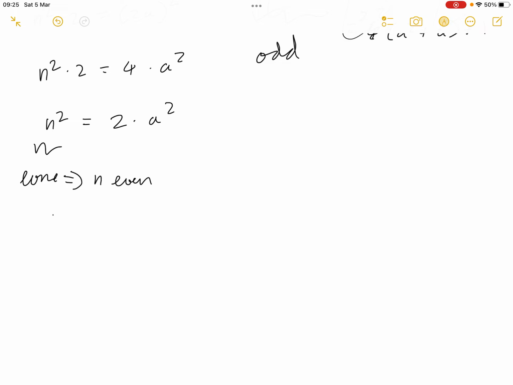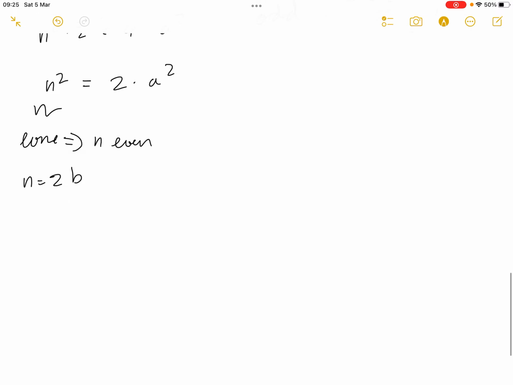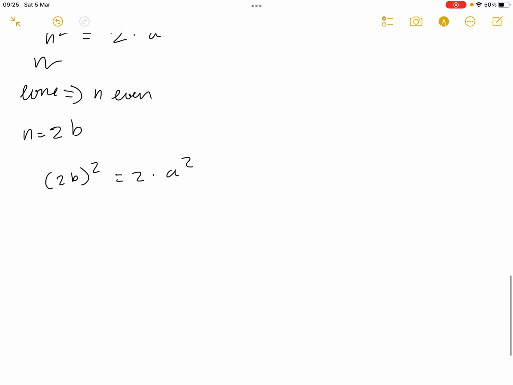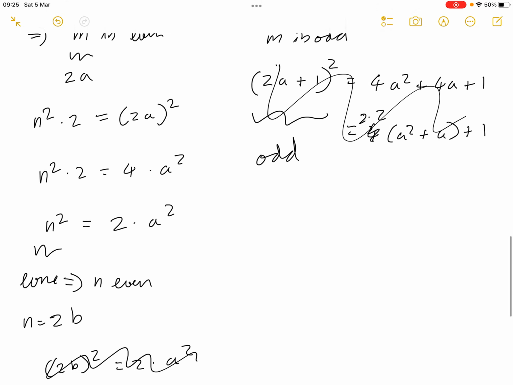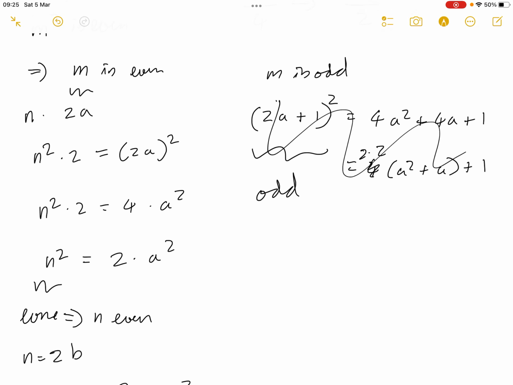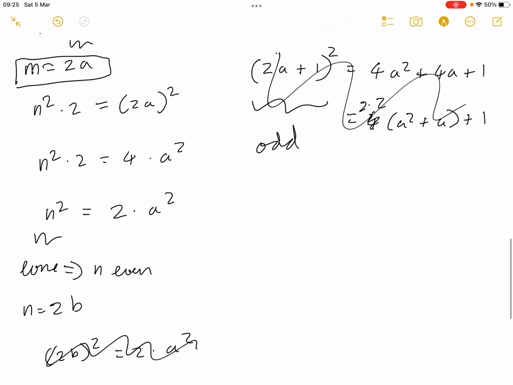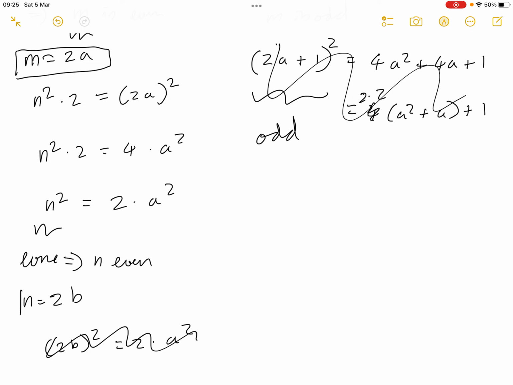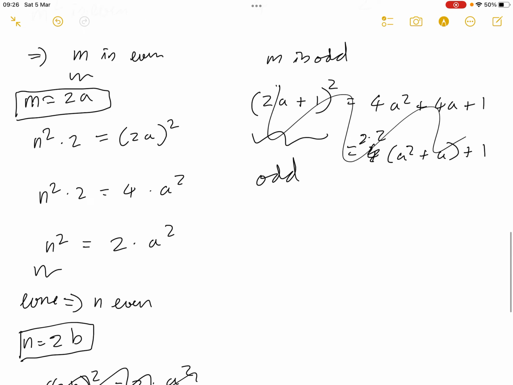So let's say n is equal to some 2b. So what we find is 2b squared is equal to 2 times a squared. In fact, we can just stop right here, because what we've just shown is that m is equal to 2 times some whole number, which means m is even, and n is equal to 2 times some whole number, so n is even.